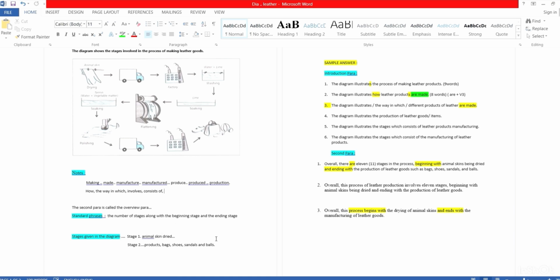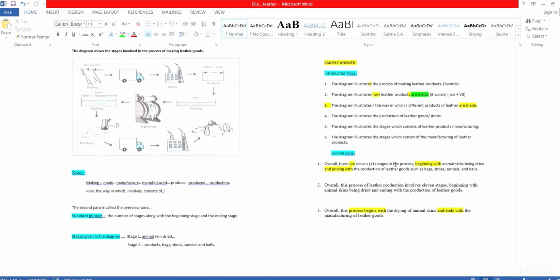Now let's put this into a good sounding paragraph. Number 1. Overall, comma, there are 11 stages. You should remember here, children, there is always the word are, which is in the present tense. Don't change the tense here. There are 11 stages in the process.